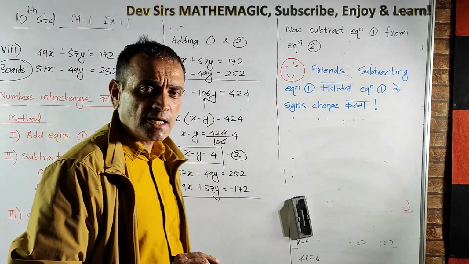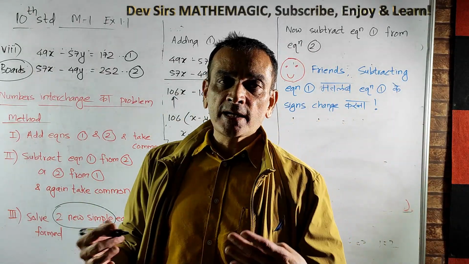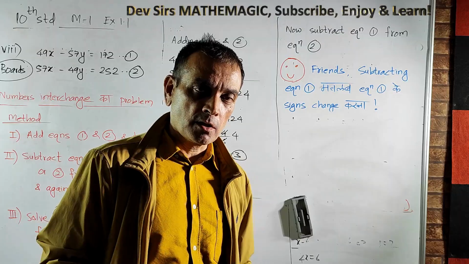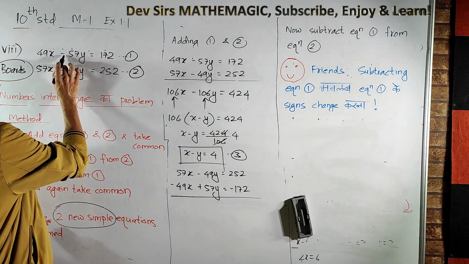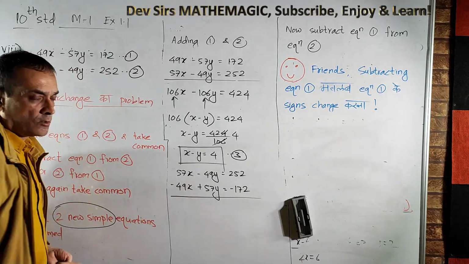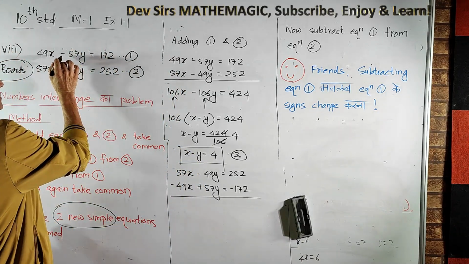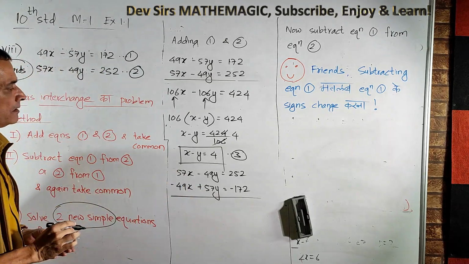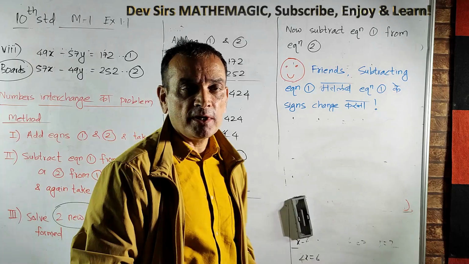So as we have seen yesterday, sometimes when subtracting, minus gets converted into plus, because minus of minus is plus. Simple. This becomes minus. This becomes minus. Change the signs of each term.